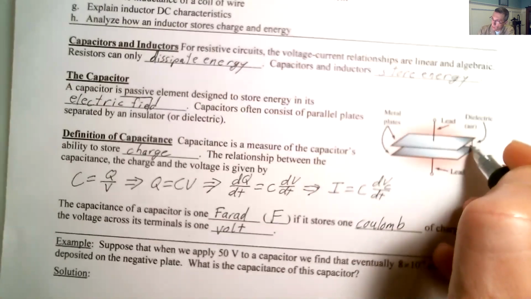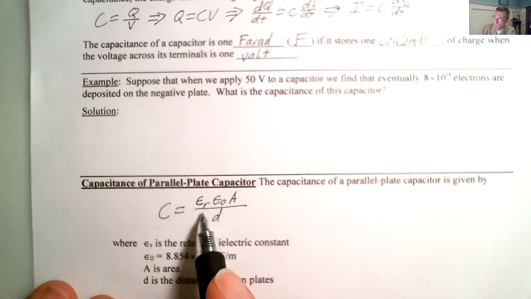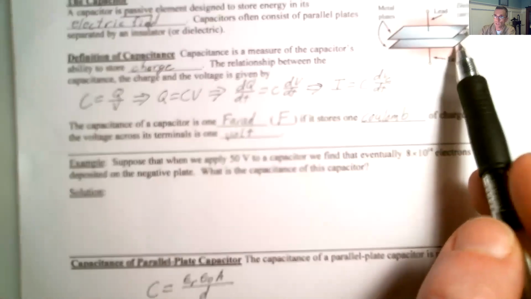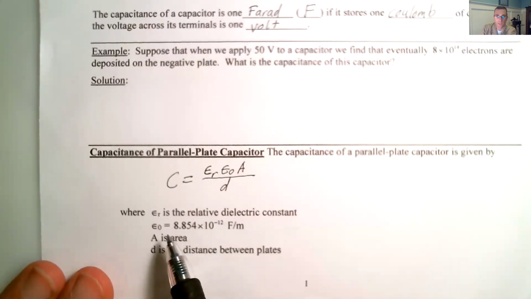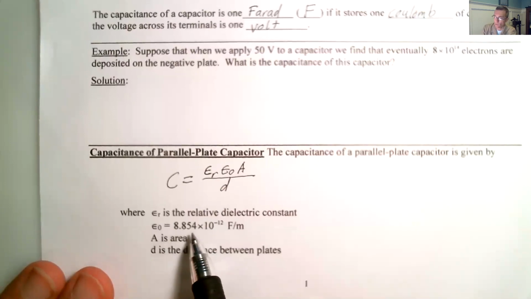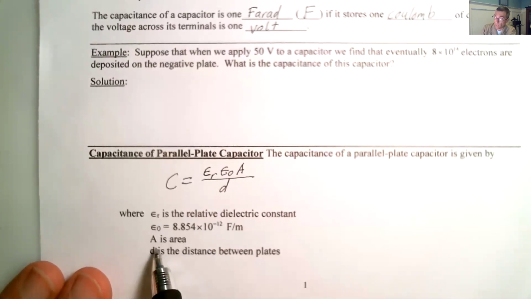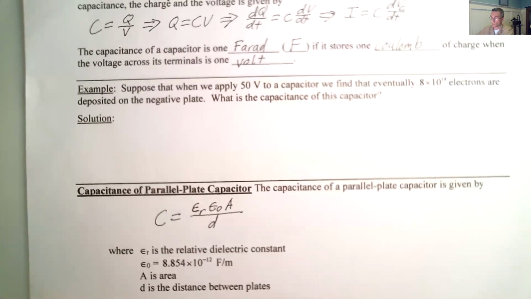Epsilon R is the relative dielectric constant of whatever dielectric is between the plates. Epsilon naught is the dielectric constant of free space, 8.854 times 10 to the negative 12. That's what we've measured it to be. A is the area and D is the distance between the plates.